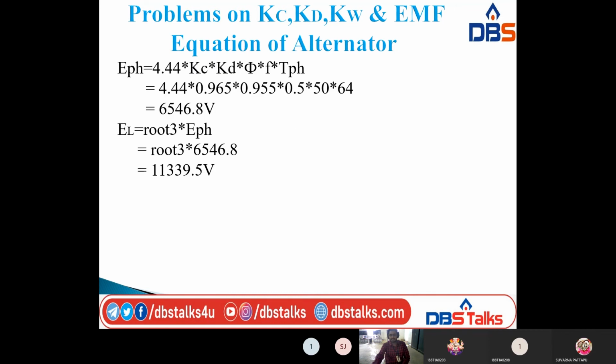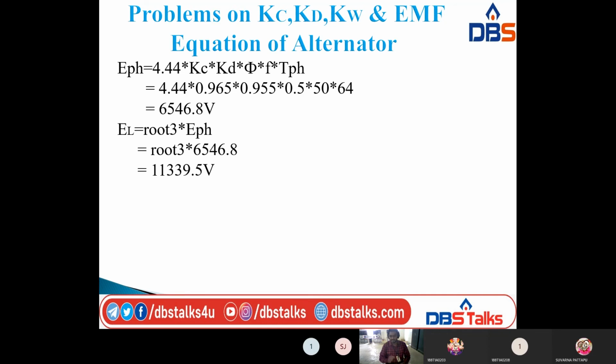After that we have to calculate the phase voltage, and after that we will calculate the line voltage. Firstly we will calculate the phase voltage. The formula for the phase EMF, the induced EMF, is 4.44 into Kc into Kd into phi into f into T phase. Already we calculated the Kc value and Kd value, and they already gave the flux value, frequency value, and turns per phase.